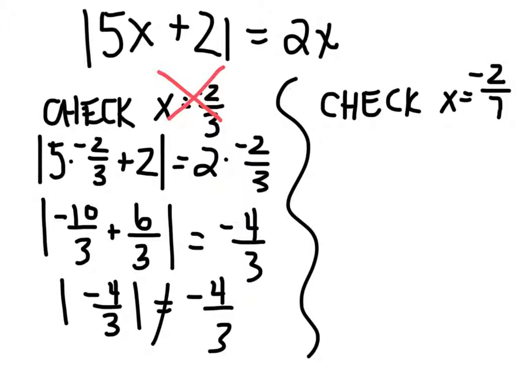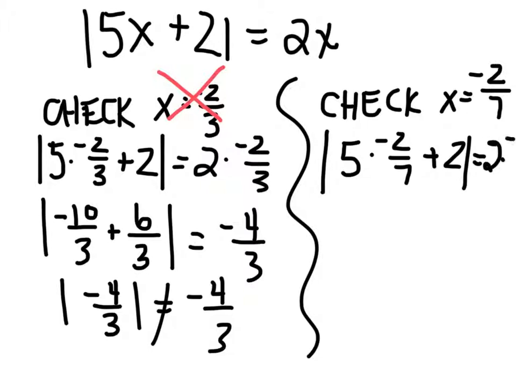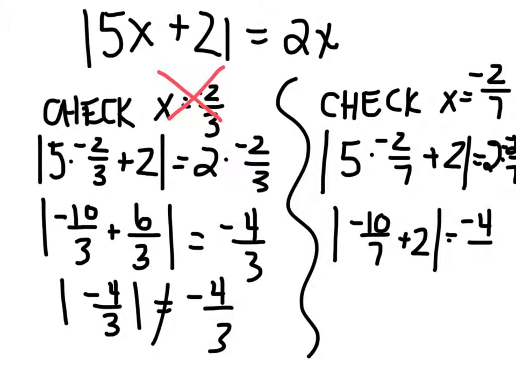Now let's check negative 2/7. So I plug in negative 2/7 for x. Squeeze that in. And on the inside of the absolute value bar, I get negative 10/7 plus 2 is equal to negative 4/7.